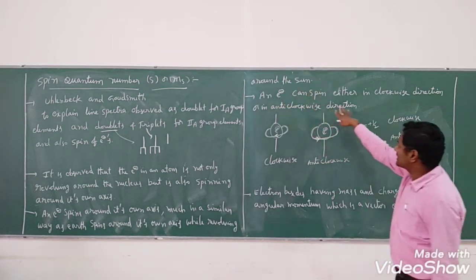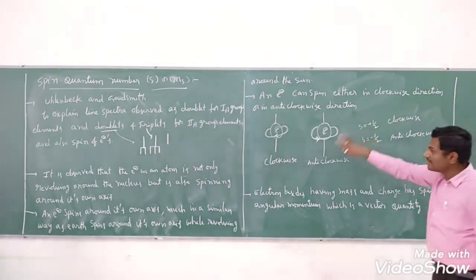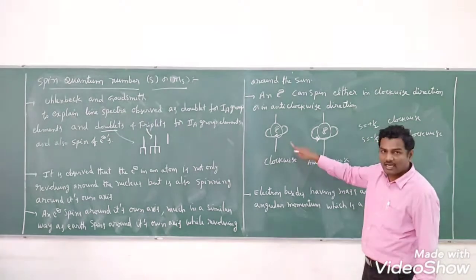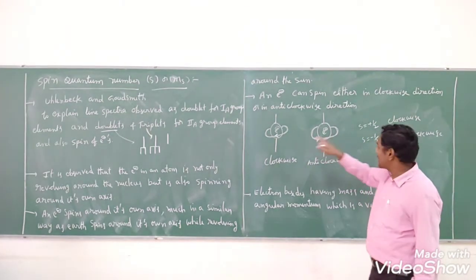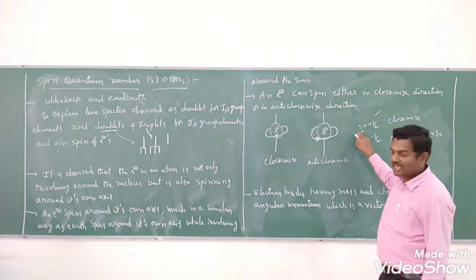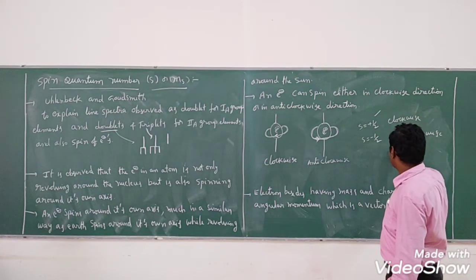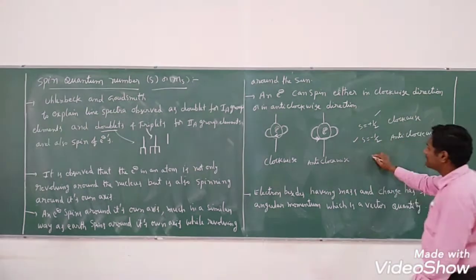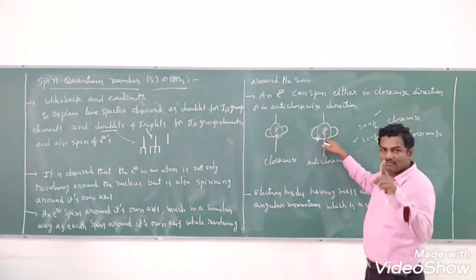Right? He compared with that one, planets. Now you see that an electron can spin either in clockwise manner or in anti-clockwise manner. If an electron revolves around its own axis in clockwise manner, then we can represent the spin quantum number with plus half. If it is in anti-clockwise direction, then you can represent with minus half. Why you have taken half only? Here how many electrons you have taken? One electron.